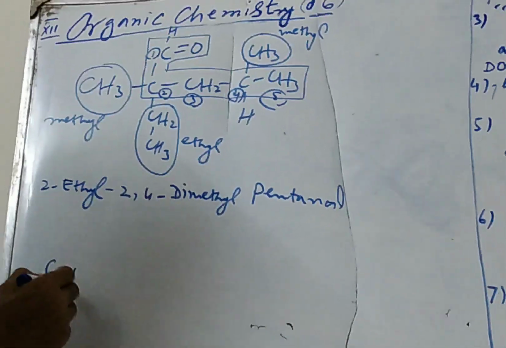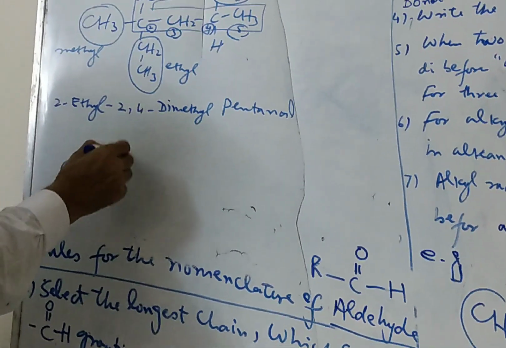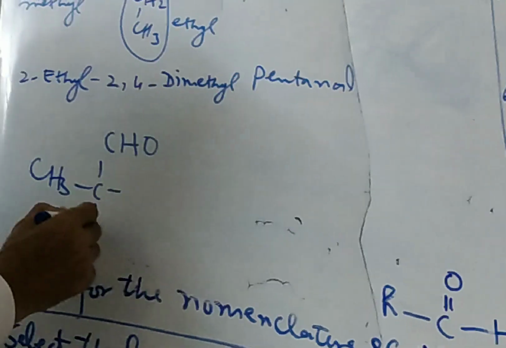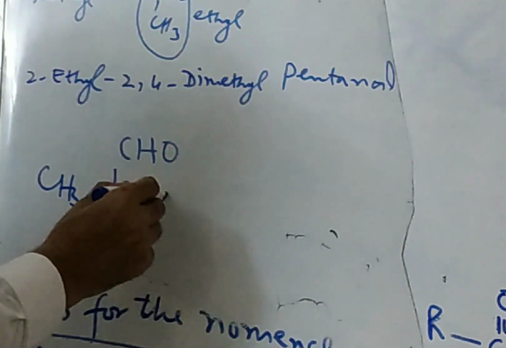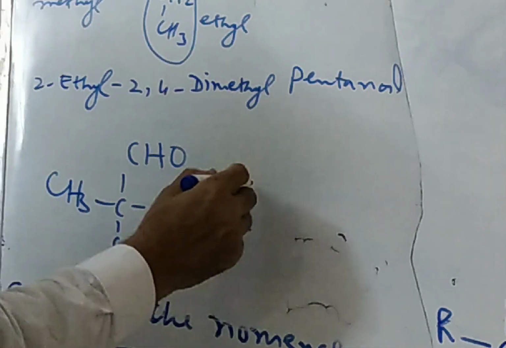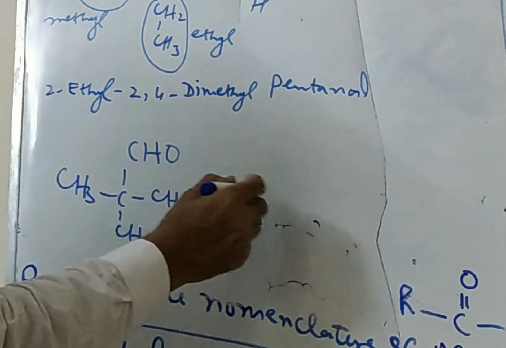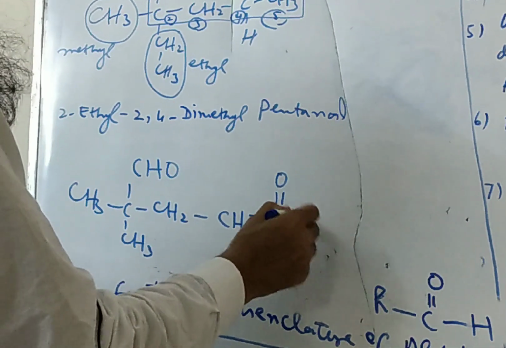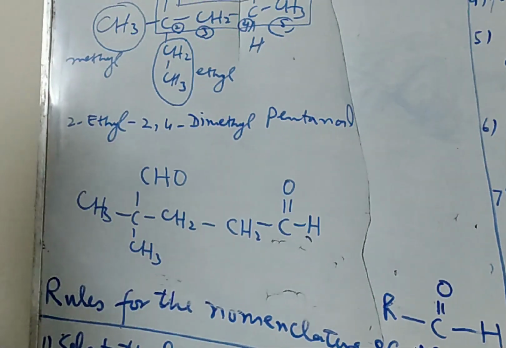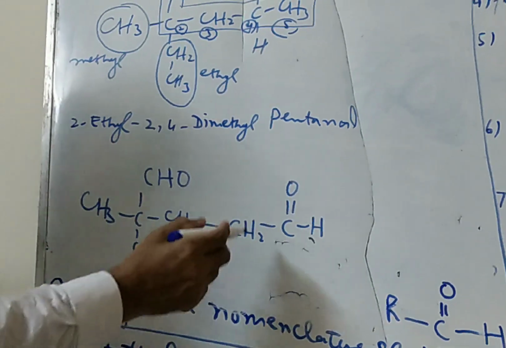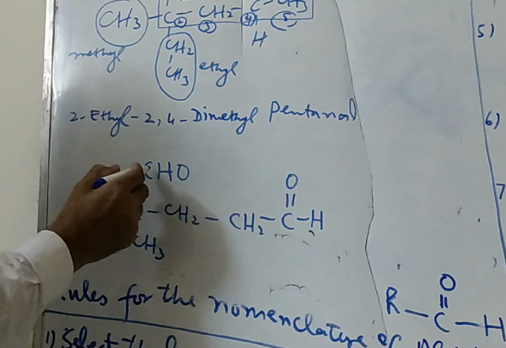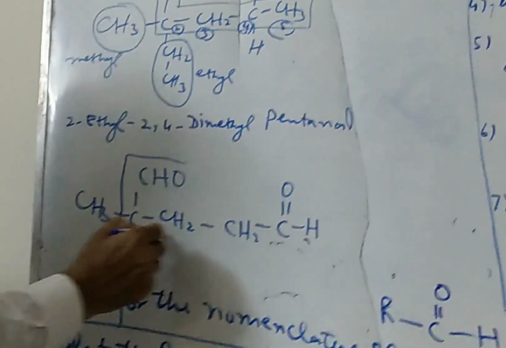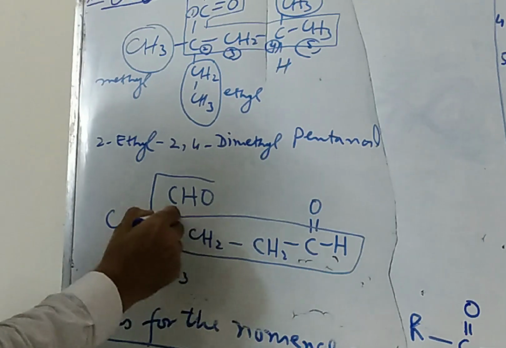Similarly, CHO, CH3, CH2, CH2, and then CHO, if we have two aldehyde groups. Then 1, 2, 3, 4, 5. So we can say that this is the longest chain.